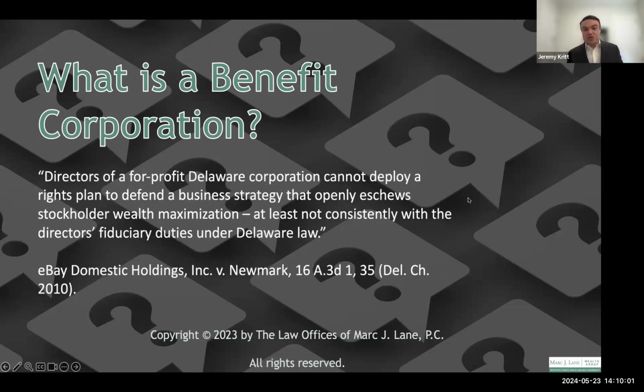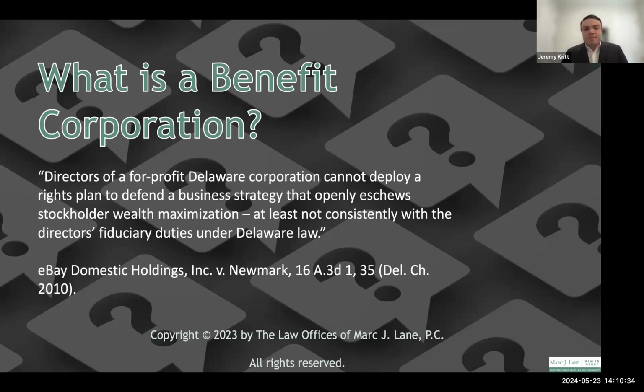This can be illustrated by the case eBay Domestic Holdings versus Newmark. This case happened right around the time that the benefit corporation was initially created. It's a very new form of entity. Briefly, on one side you had the founder and CEO of Craigslist, and on the other side you had eBay, a minority shareholder of Craigslist.